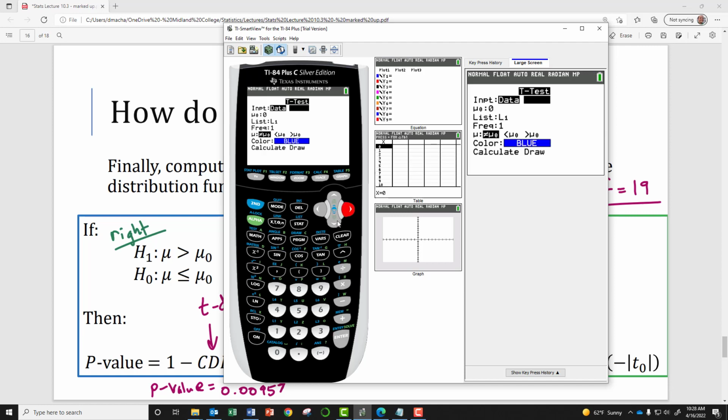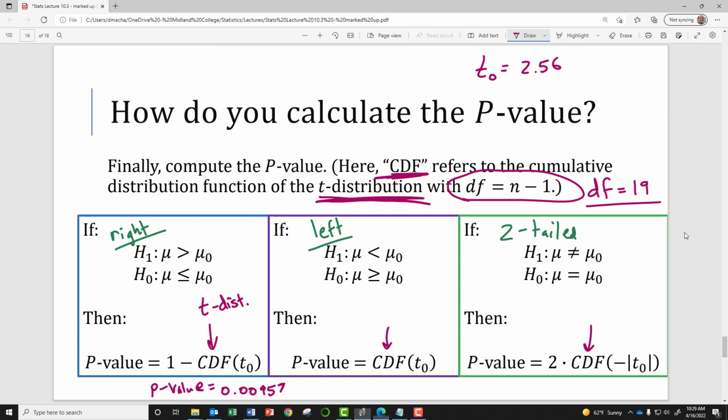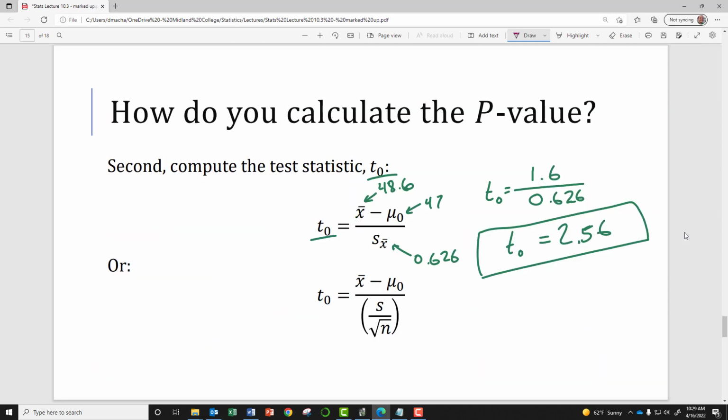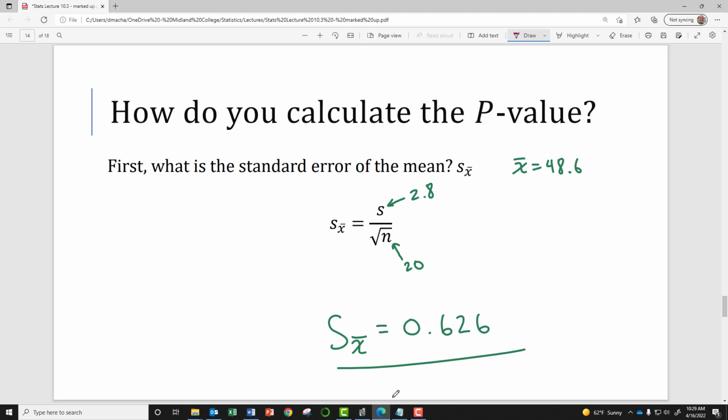I'm going to input stats this time, because I don't actually have a data set. My mu naught was 47. My x bar was 48.6 from my example. My sample standard deviation we calculated was 2.8.